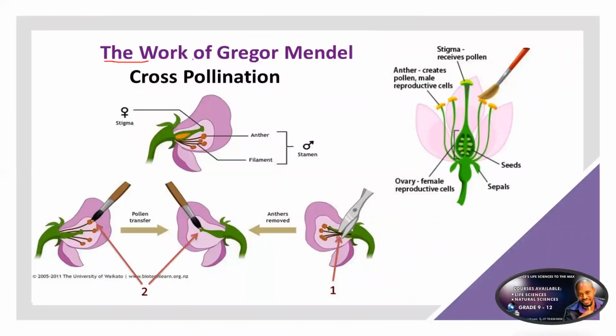This is the work of Gregor Mendel. Gregor Mendel was always crossing pea plants, different parents of pea plants, and trying to investigate or check the pattern of inheritance in the different generations. For him to do these crosses successfully, he needed to have entirely different plants, let's say plant A and another plant B. Both are pea plants, that's the same species.